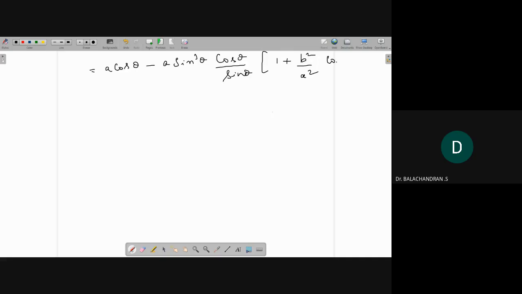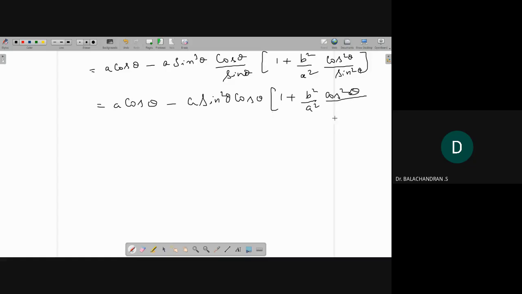Cot square theta is cos square theta divided by sine square theta. So please check it. Now this is equal to a cos theta minus, you can cancel this, so a sine square theta into cos theta, so into 1 plus b square by a square into cos square theta divided by sine square theta.